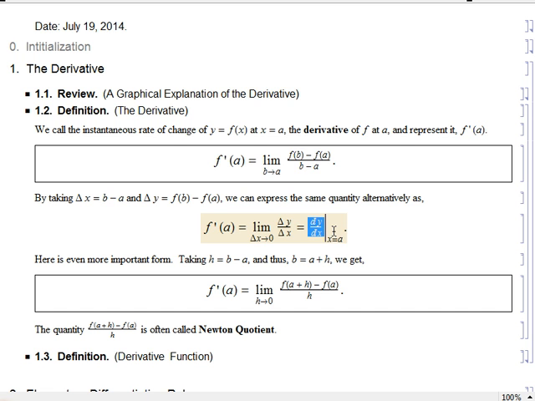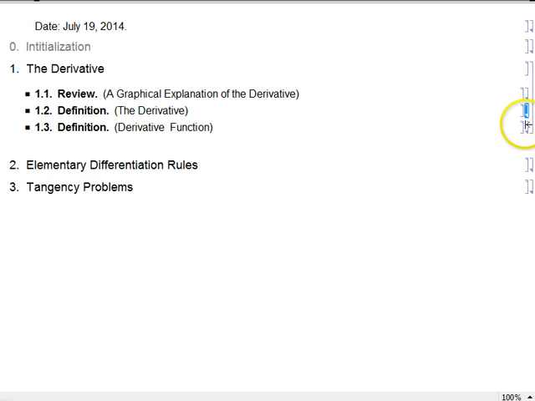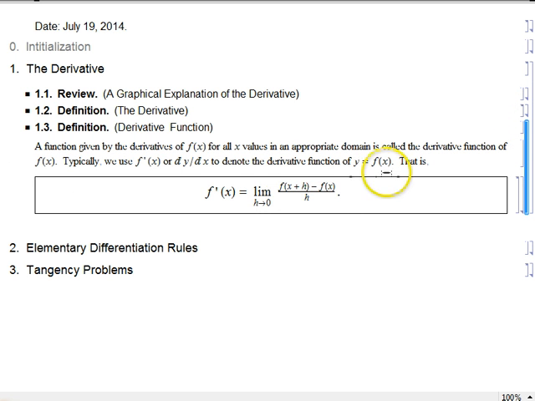That's the equivalent. Or you can express b as a plus h, and re-express the same limit as follows. They're all the same. And the last one is most popular. And we use that last notation to define the derivative function, even though all three notations are equivalent.